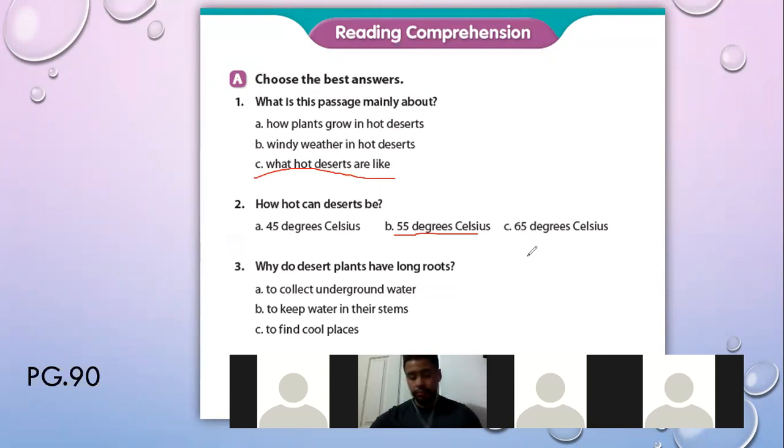Letter A, to collect underground water. Yes, exactly. Remember, roots, la raíz, right? Good, it's letter A. Thank you. All right, you can underline the answers, and then we have to continue. Thank you, Camila. Yes, it's correct. Let's continue.